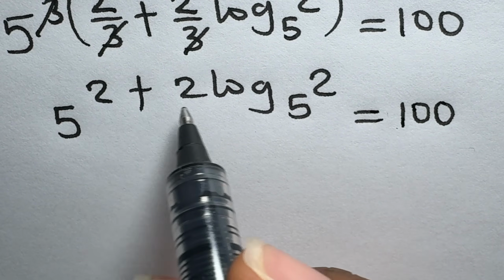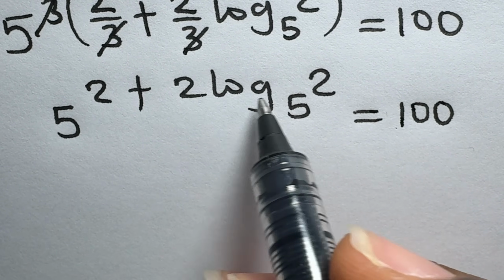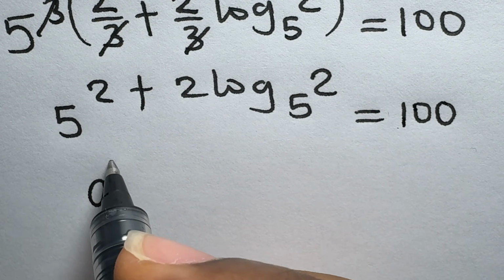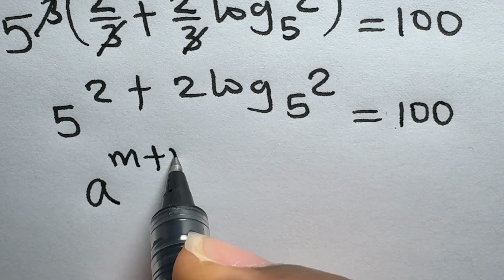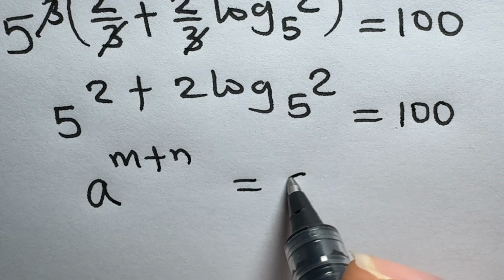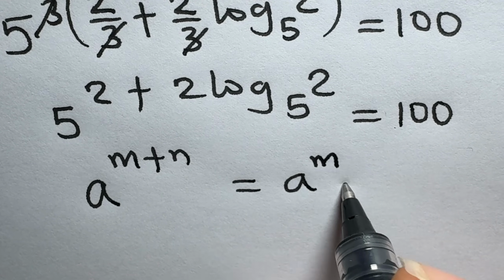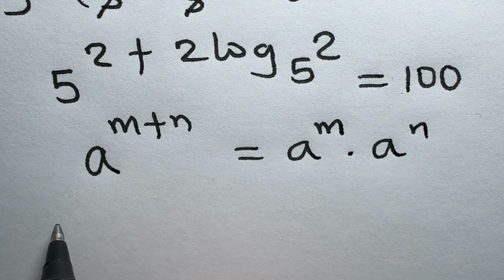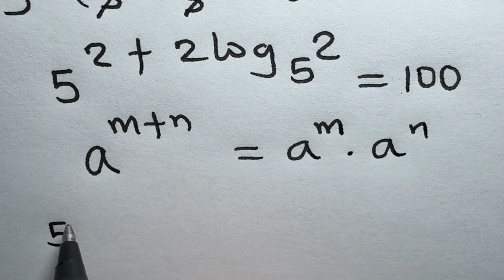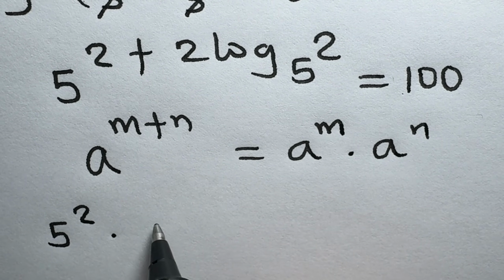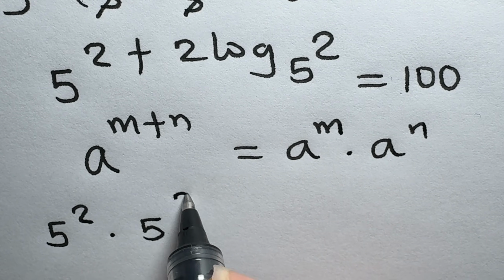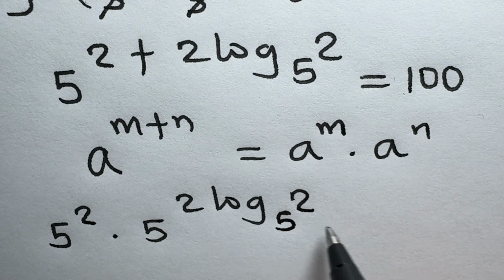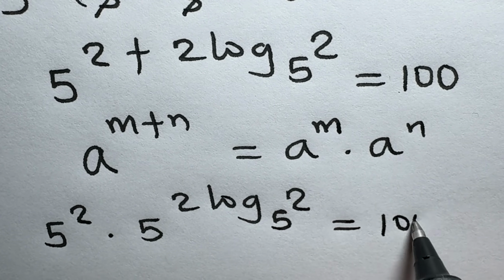Then let us open up or separate these powers. To do that, I'll use this law of indices. A raised to power m plus n is equal to a raised to power m times a raised to power n. So we would have 5 raised to power 2 times 5 raised to power 2 log 2 base 5 is equal to 100.